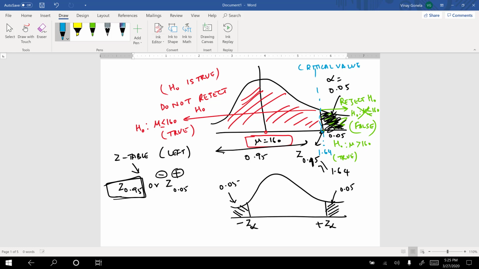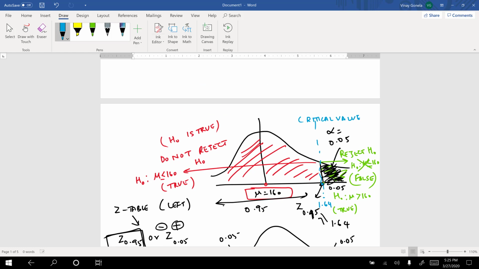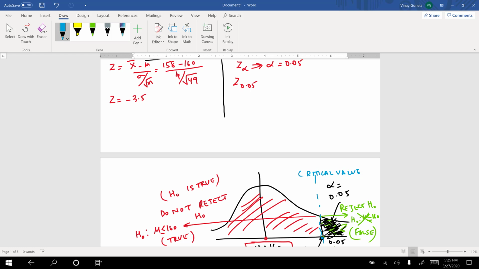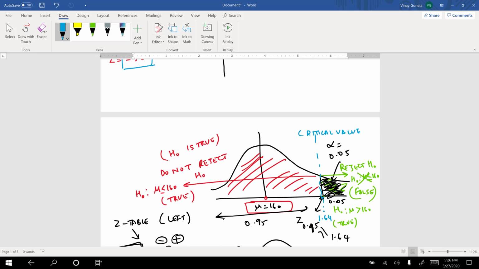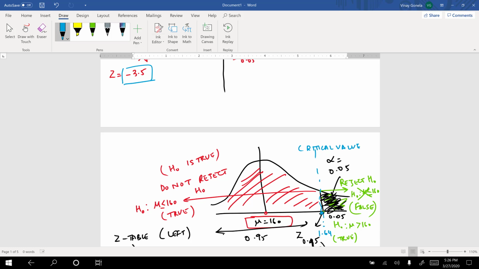Then we are looking for our z value using z-stat, which we got as negative 3.5. Which side of this 1.64 will negative 3.5 be? It will obviously be on the left side, somewhere here. So if you see, it lies in do not reject H null.